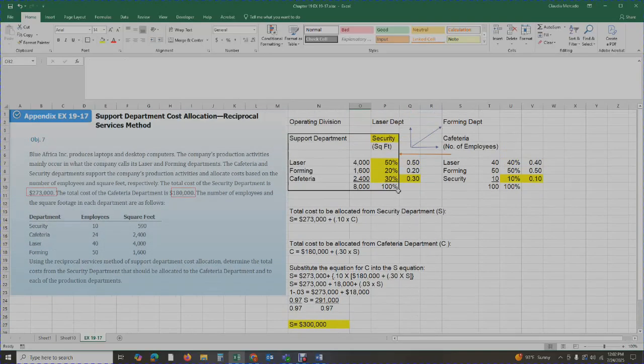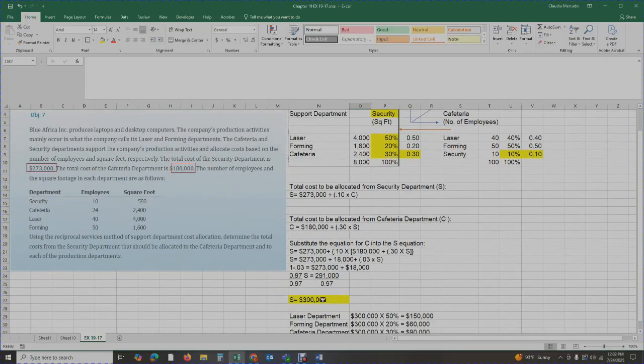Okay. So now I know that my security department is going to have a total of 300,000 in costs. That includes their original 273,000 costs for security, plus the portion of the cafeteria cost that was allocated back to the security department, giving me a grand total of the security cost of 300,000 that we calculated down here.